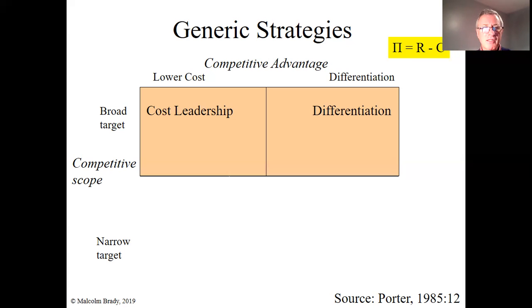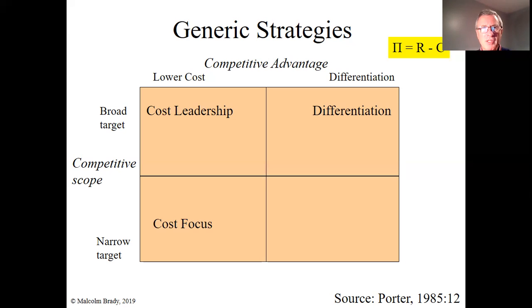Now, you can see on the left-hand side he talks about competitive scope, and this is really whether you're targeting a broad element of the marketplace or only a narrow segment or niche. So if you break that competitive scope into broad and narrow, we get two further divisions.